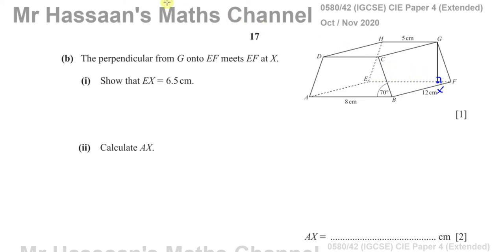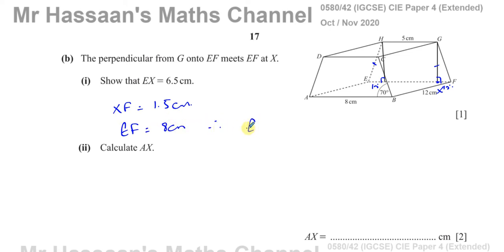Well, we worked that out already, because this is an isosceles trapezium, so this length is the same as this length. This is 1.5 and this is 1.5. We could say that X to F is equal to 1.5 centimeters and E to F is equal to 8 centimeters.